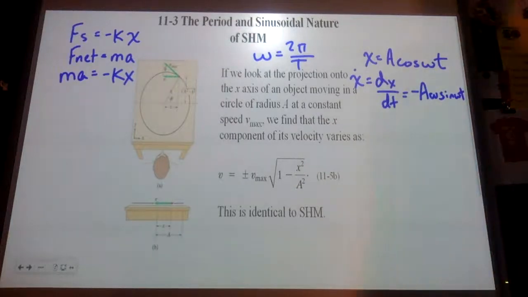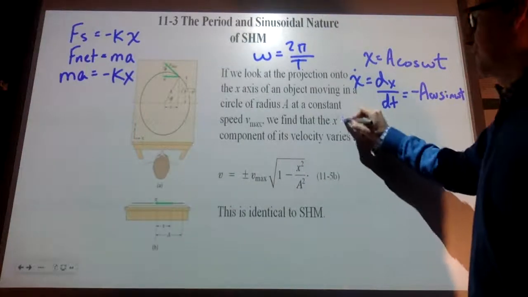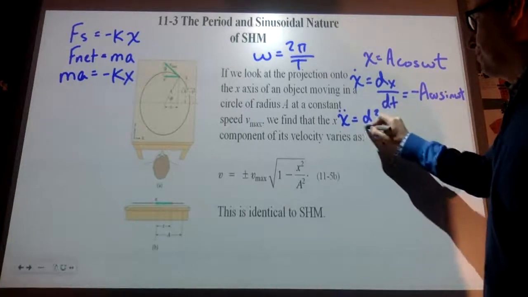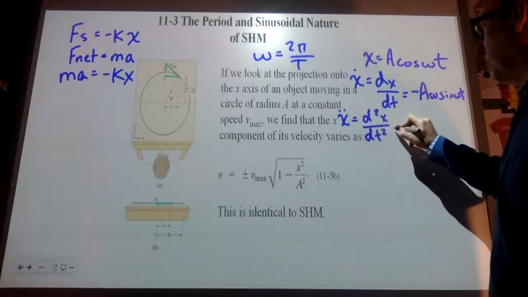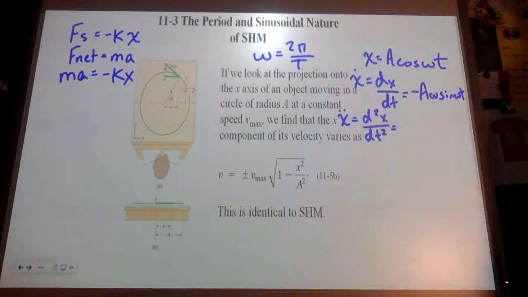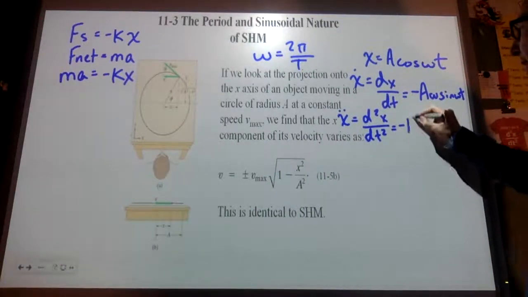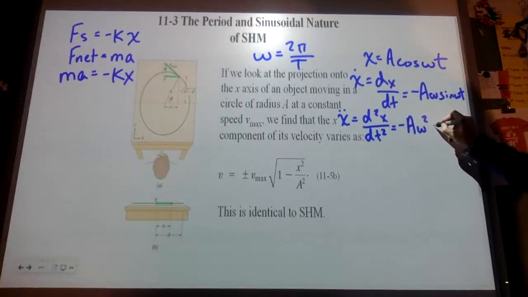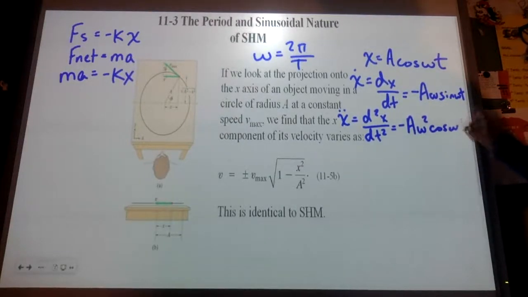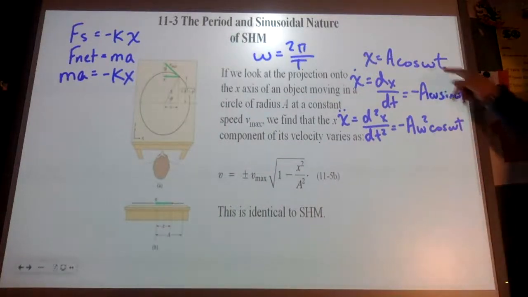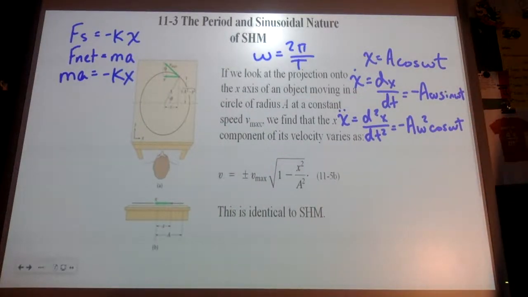And then I would take the second derivative with respect to time, and this is going to be negative A omega squared cosine omega t. And I'll explain to you guys why the derivative of cosine is negative sine and of sine is cosine.